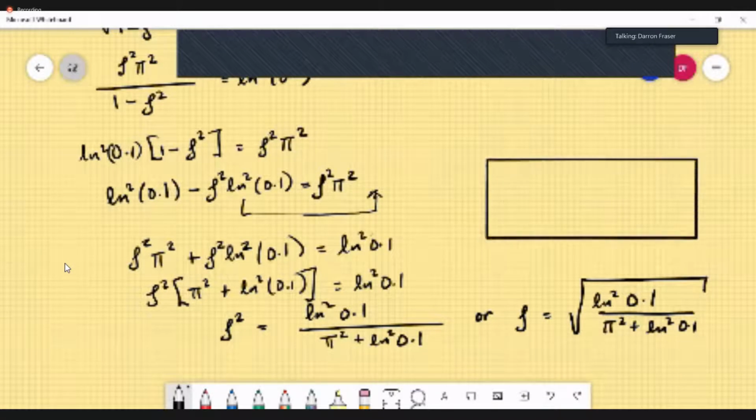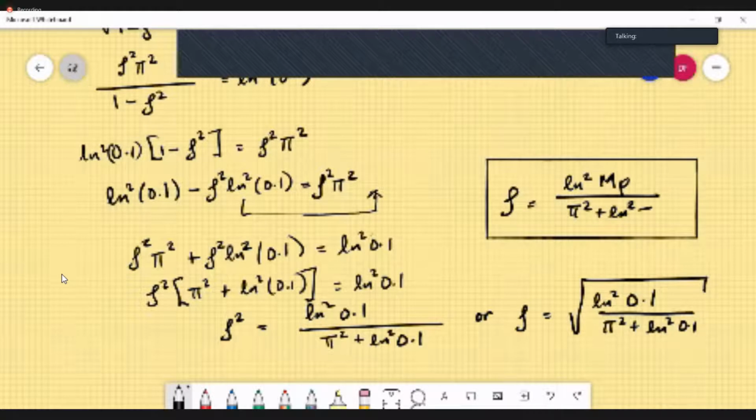So the damping ratio is going to be equal to the square root of ln squared Mp over pi squared plus ln squared Mp. Somebody can work out that for me?